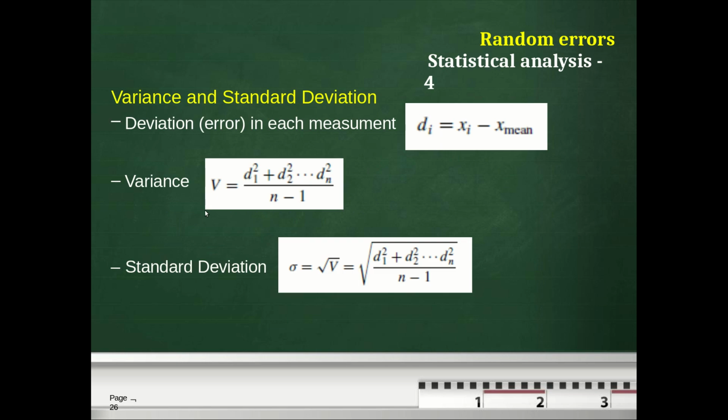Okay, the variance and standard deviation, I know that you took this before, but we use it here. You measure the deviation error, the value minus the x mean, this is the deviation. The variance is the summation of the squared deviations over all of them divided by the number, this is the variance. And the standard deviation is the square root of the variance.